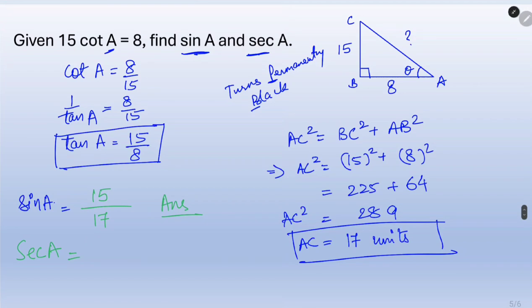Sec A is equal to 1 upon cos A. What is cos? Base upon hypotenuse, so 1 upon that is hypotenuse upon base. Hypotenuse is 17. What is base? 8. So 17 by 8 is the answer for sec A.